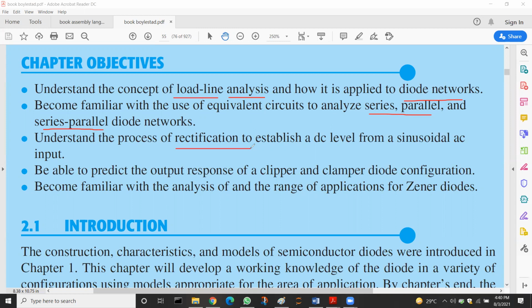Rectifier is an important process. This process converts AC or alternating current to direct current. Similarly, besides many applications, there are the clipper application, clamper application, and also voltage multiplier application.